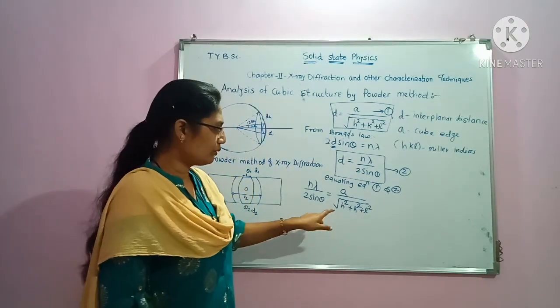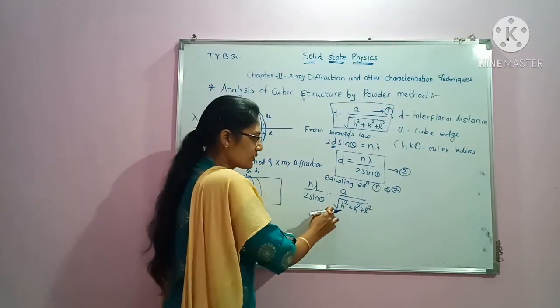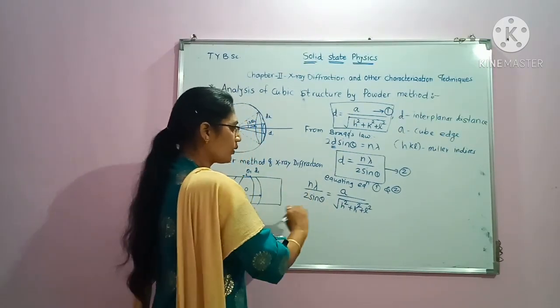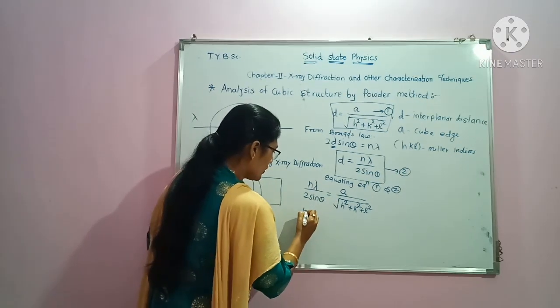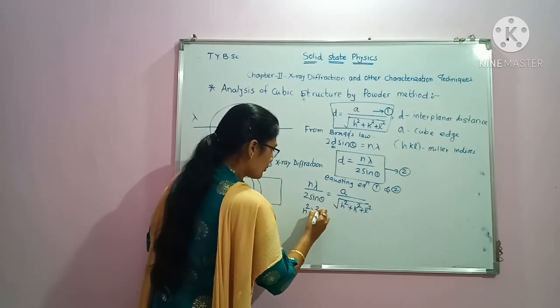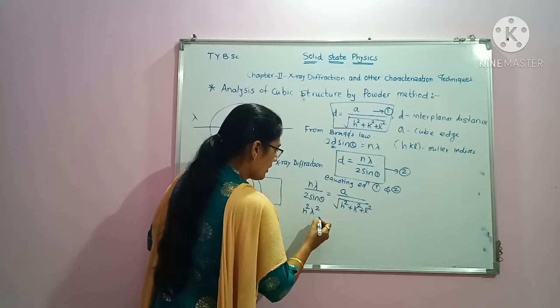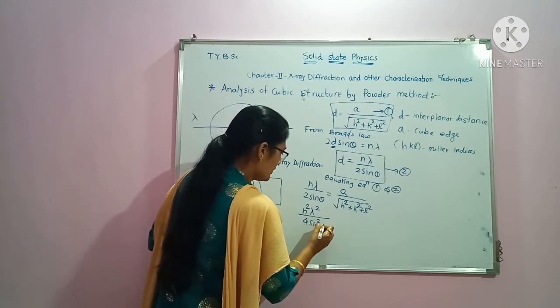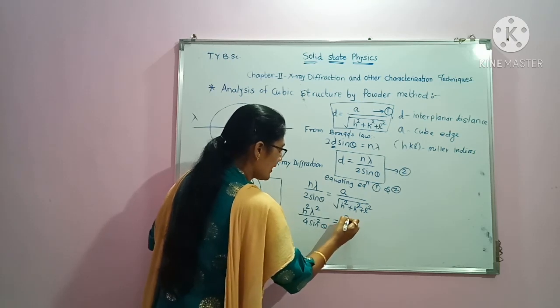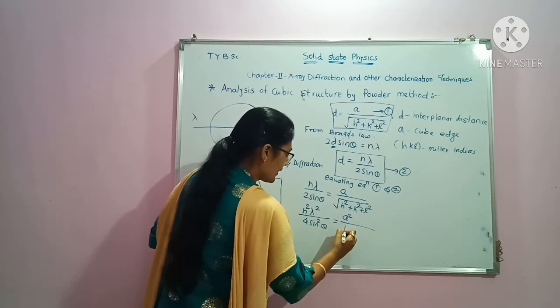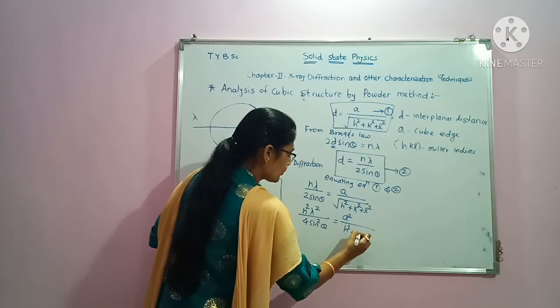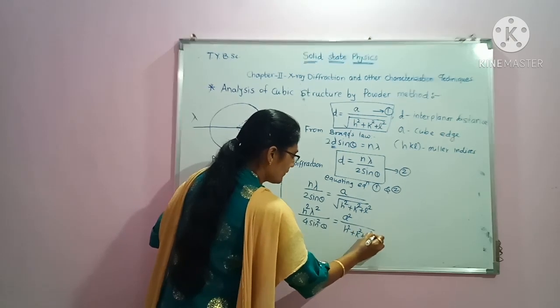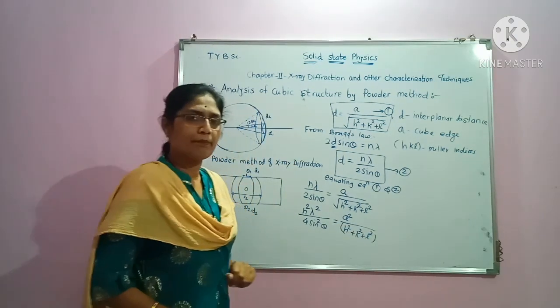Now in order to take out this square root, we will square both sides. So we will obtain n square lambda square upon 4 sine square theta is equal to a square upon h square plus k square plus l square, and we have to put this in brackets.